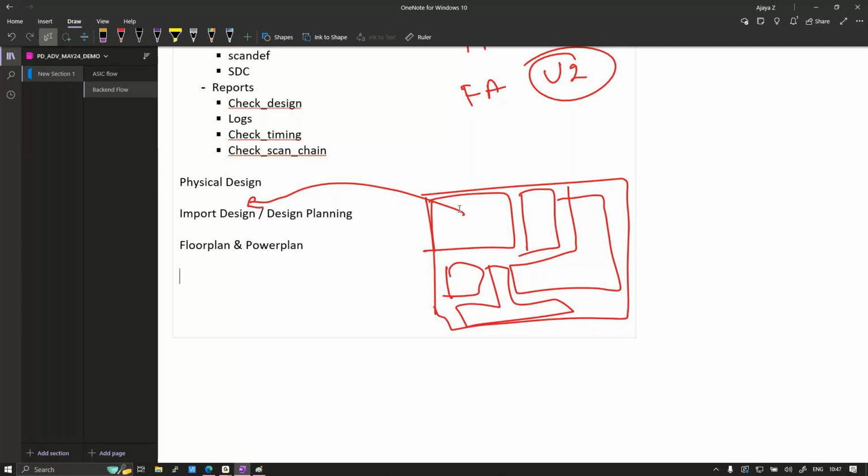After that, I go to a stage called placement. I'll go in depth on that, but first I'll write down the flow. After the placement stage, where your standard cells are placed, we have CTS, that is clock tree synthesis, and next will be your routing.